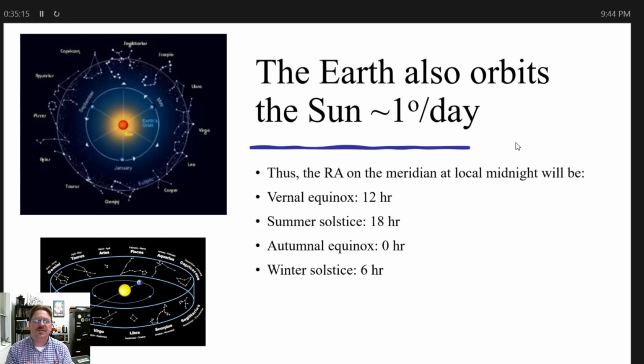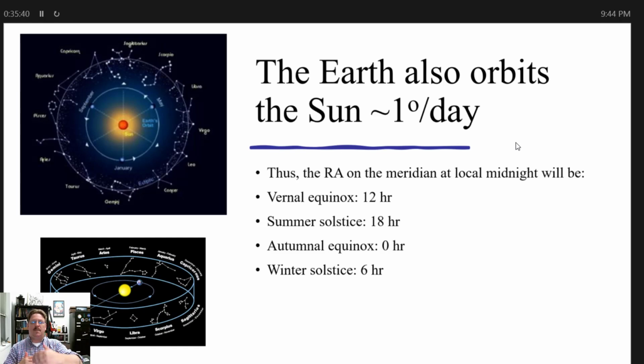The equinoxes are when you have the same amount of daylight as nighttime. Summer solstice is when the Sun is as high in the daytime sky as it's ever going to get, and you have around 14 hours of daylight to 10 hours of night.